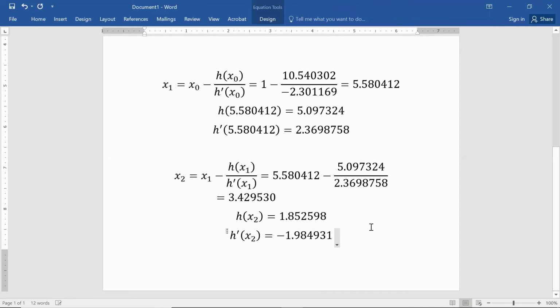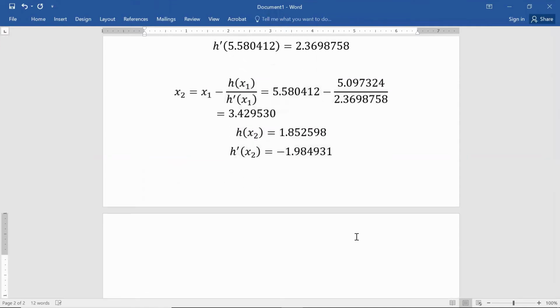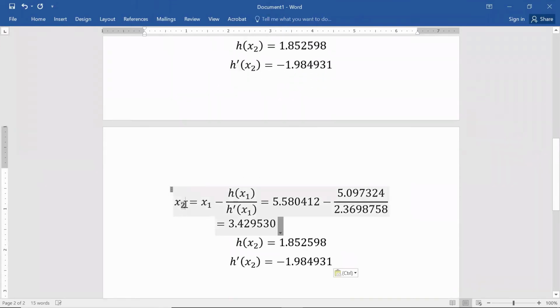Okay. Let's do one more iteration, and then I'll show you what's going on here, what's different about this one versus the other.